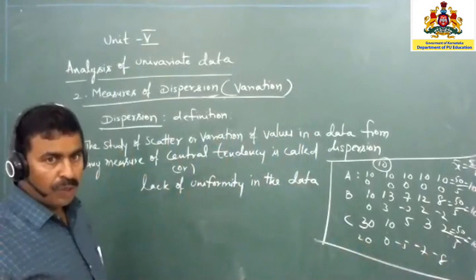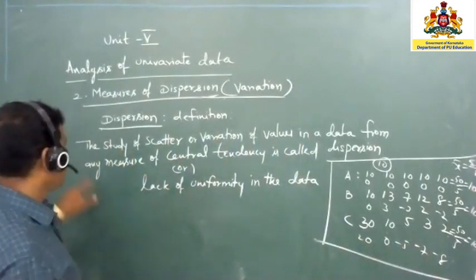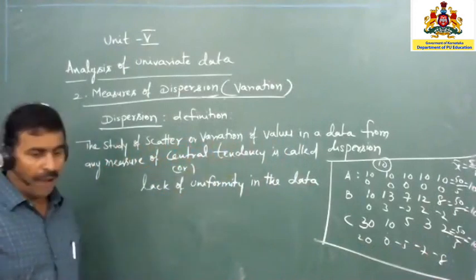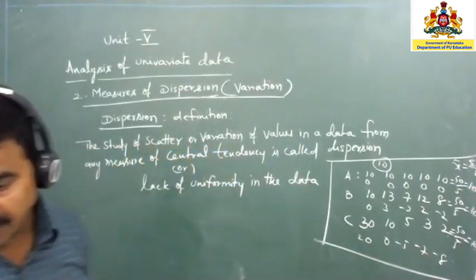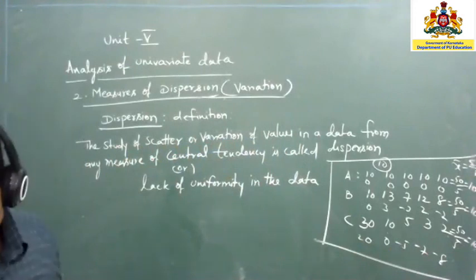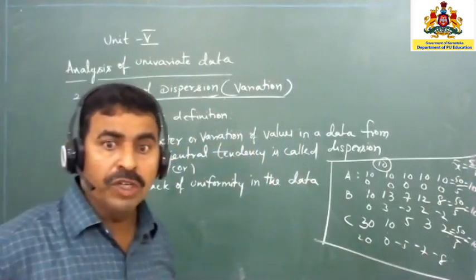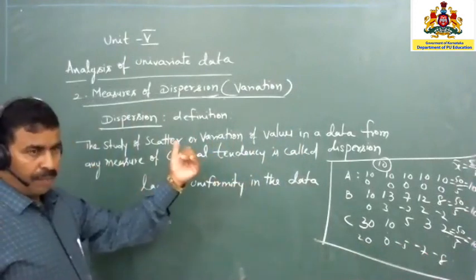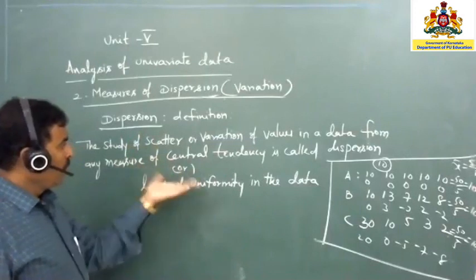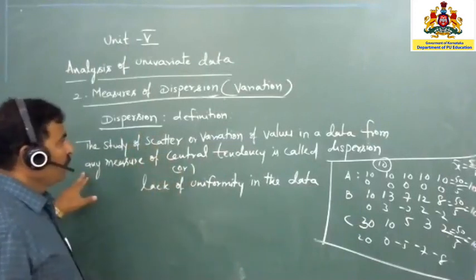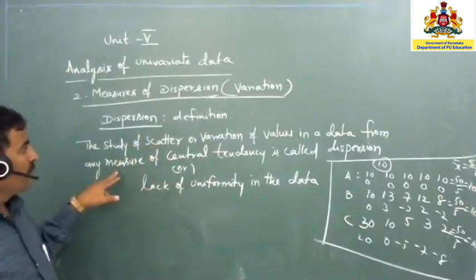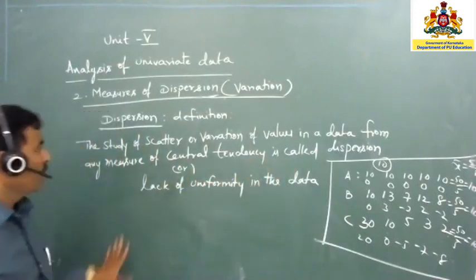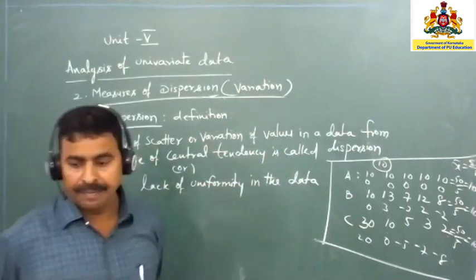From this, you come to know what a measure of dispersion is: the study of scatter or variation of the values in the data from any measure of central tendency is called dispersion, or lack of uniformity in the data.